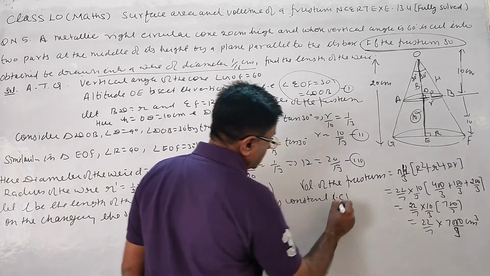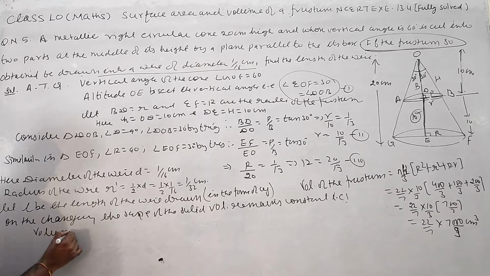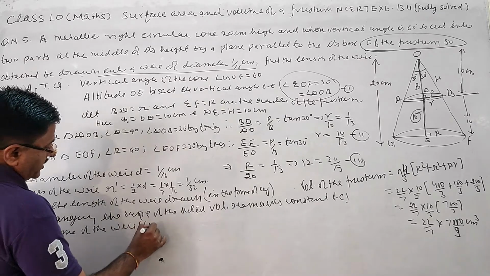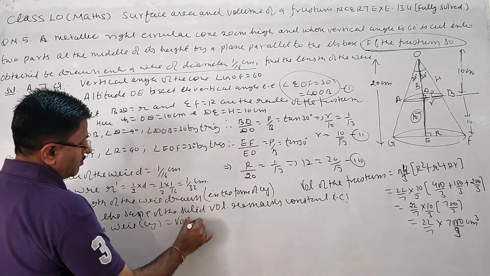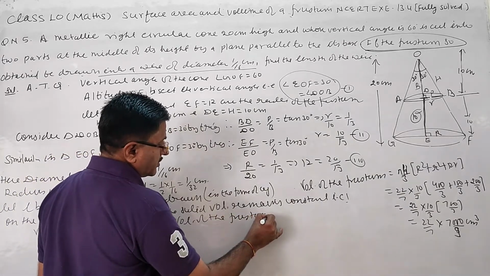That is, the volume of the wire, which is in the form of a cylinder, is equal to the volume of the frustum. This is the key point.